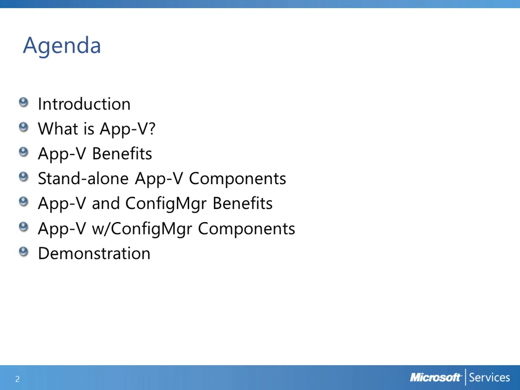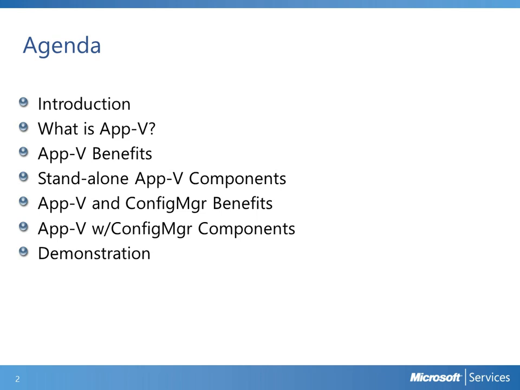If you have Config Manager in the environment and you want to use App-V, it makes a whole lot of sense to leverage that existing infrastructure to deliver the virtualized applications. Config Manager does it very, very well without the expense of adding additional infrastructure and potentially a team for a separate infrastructure. So we'll talk about that again in a minute.